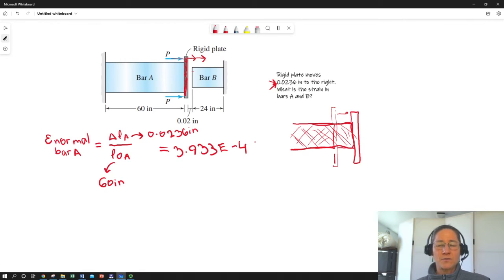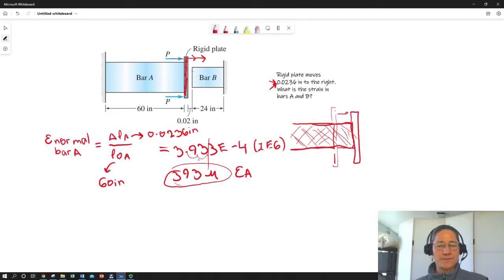We're going to multiply this by 1 times 10 to the 6th, and that'll let us make this easier to express. So we end up with 393. We call it microstrain. There's no units, but we are indicating that this has been multiplied by 10 to the 6th to get this number. Okay, so that's strain A.